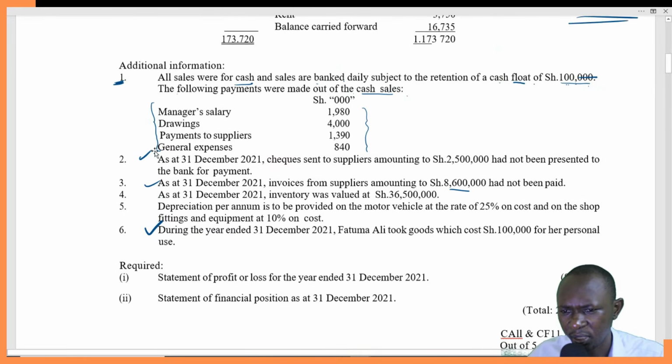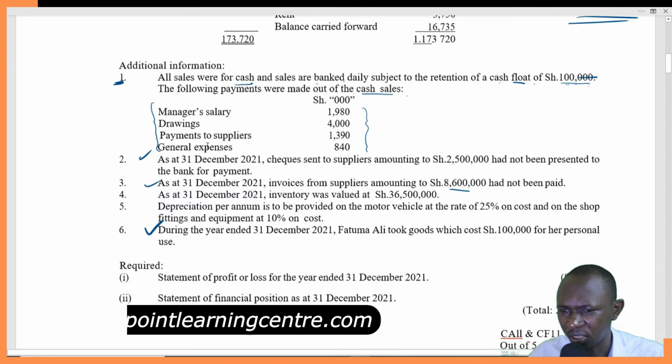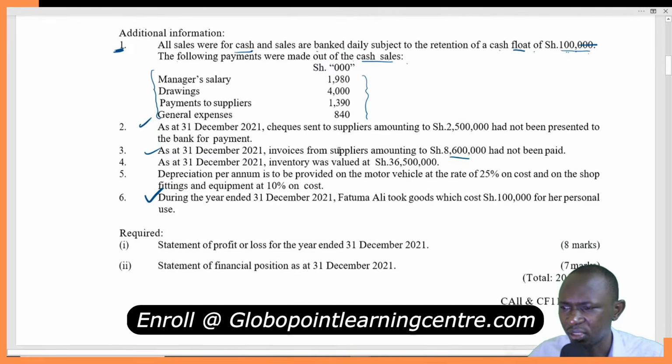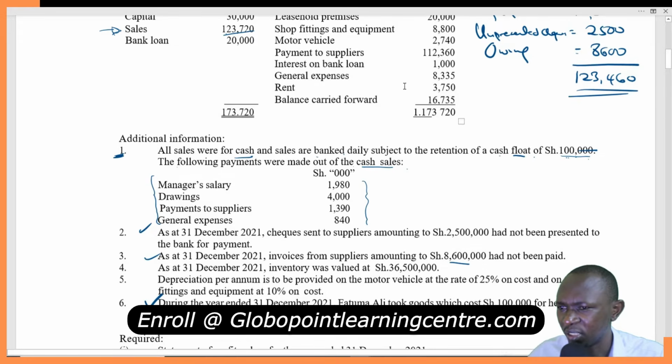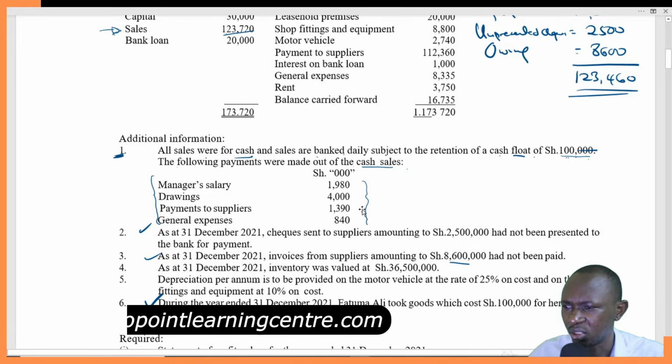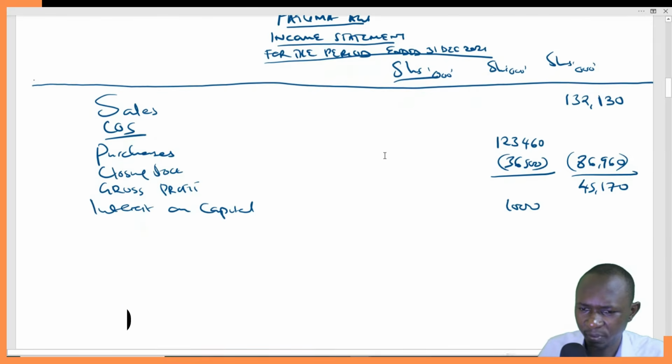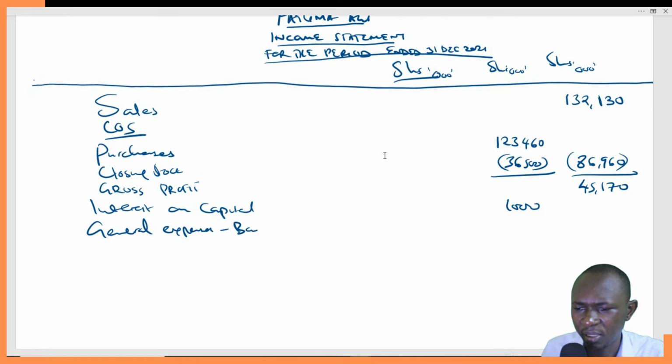Yeah, general expenses is here. So the following payments were made out of cash sales. General expenses 840. So this general expenses from check, this is cash. So for general expenses we have bank 83.35, and then you have cash 840.